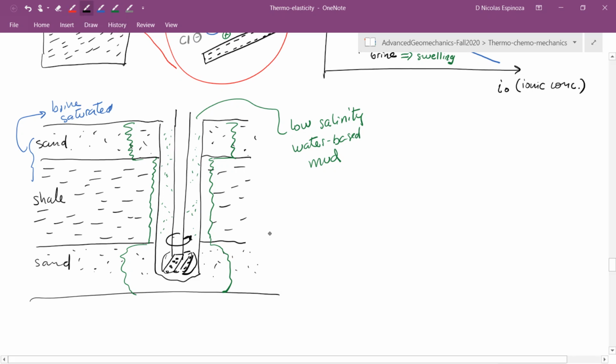So if, from here, we make a cross section of the wellbore, this is a cross section.